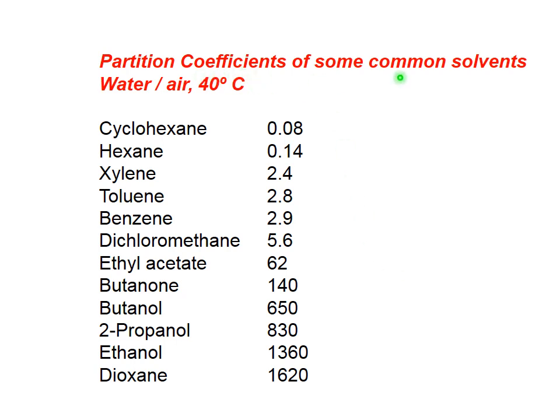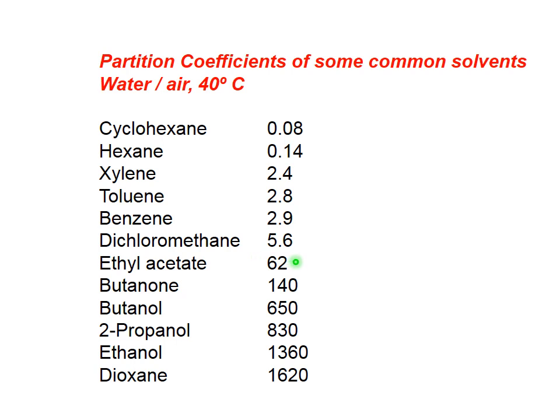Partition coefficients of some common solvents between water and air. Cyclohexane, hexane, they do not stay in water. They prefer to be in air, so amount in water will be very small. Aromatic compounds are better staying in water.